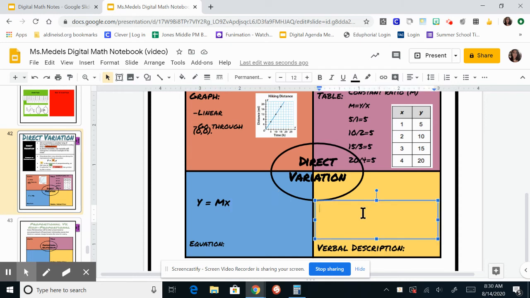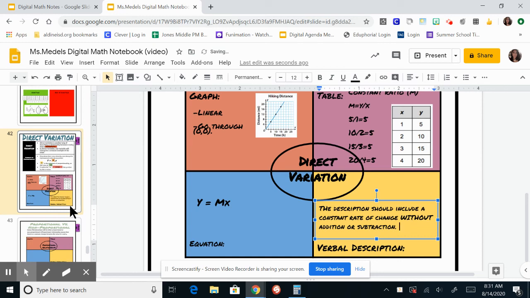Having said that, with your verbal description, the description should include a constant rate of change without addition or subtraction.